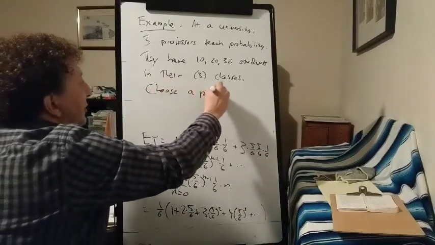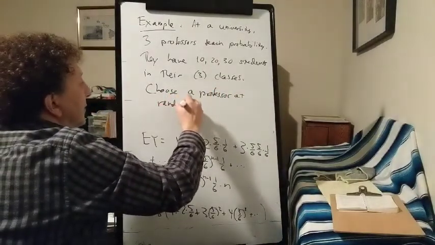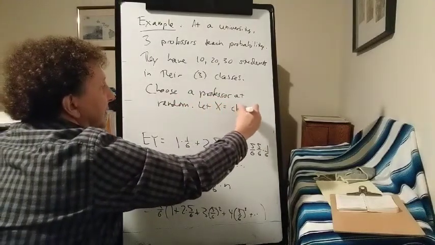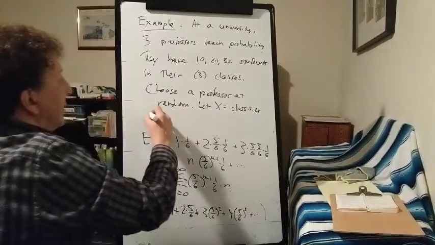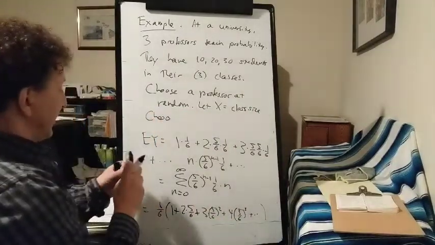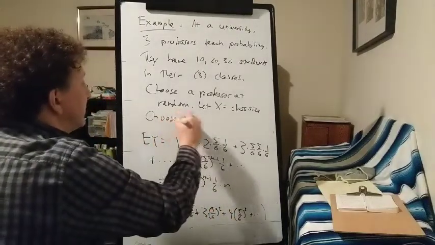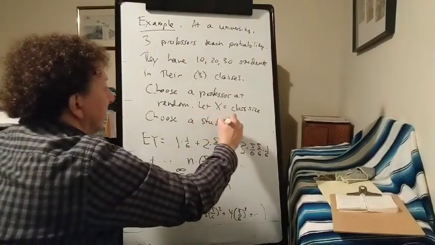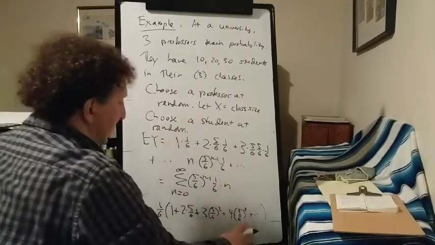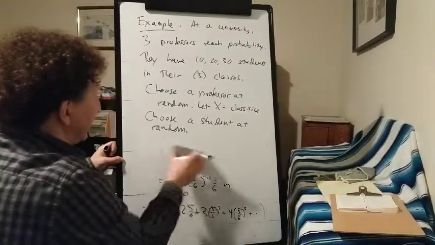If we choose a professor at random, let's let X be his or her class size. And if we choose a student at random, let's let Y be his or her class size.